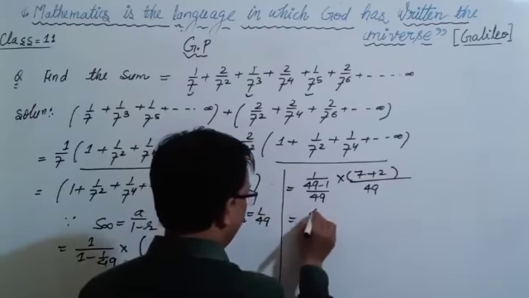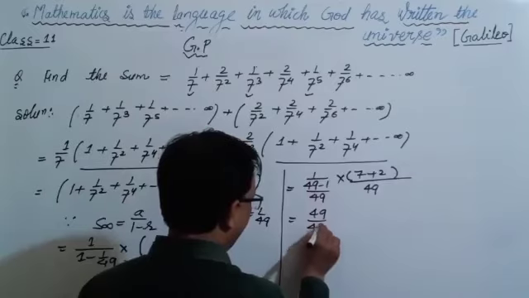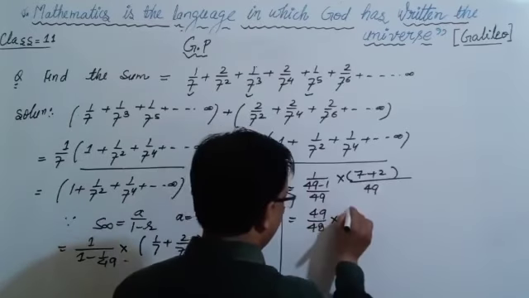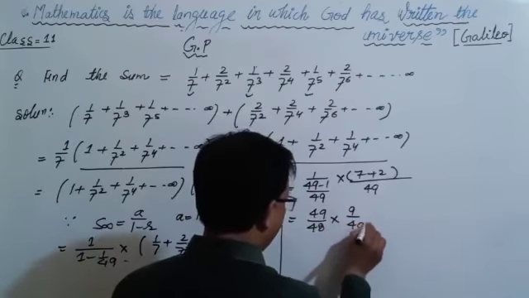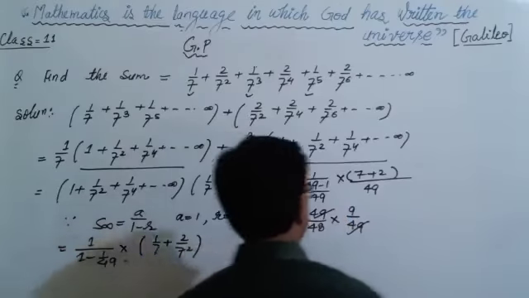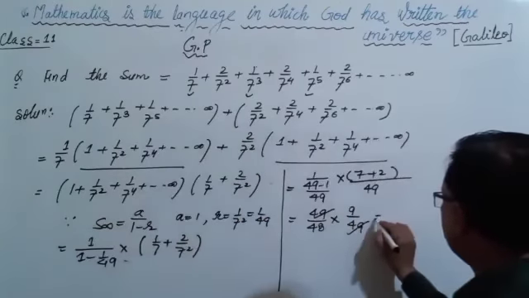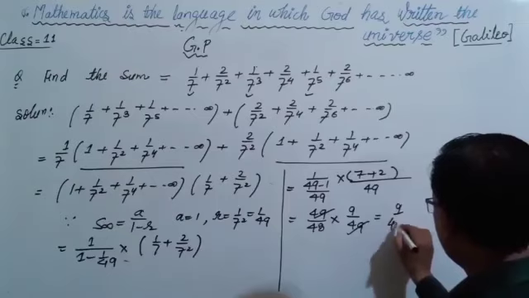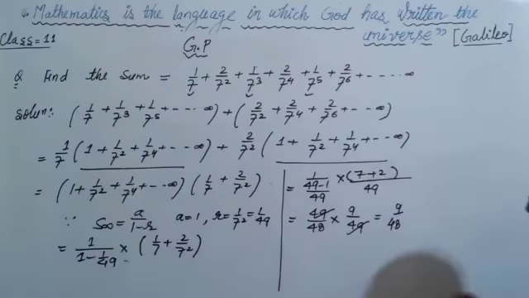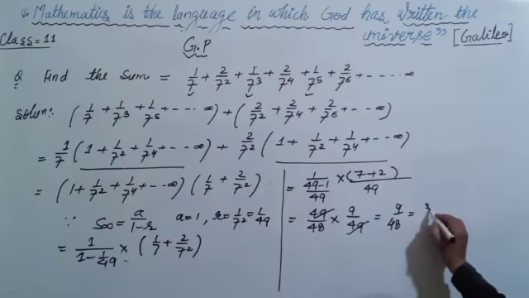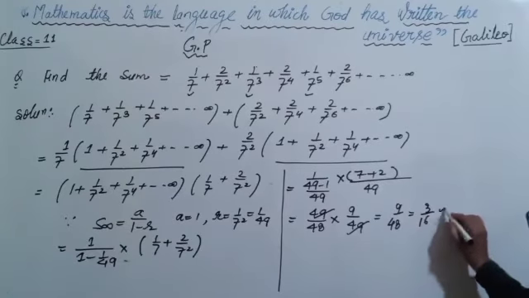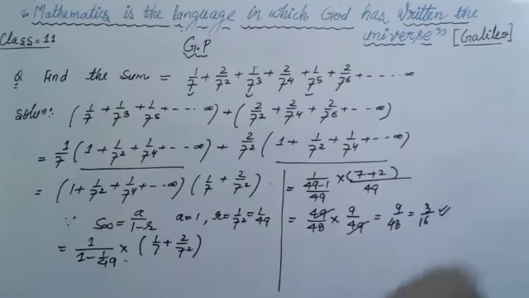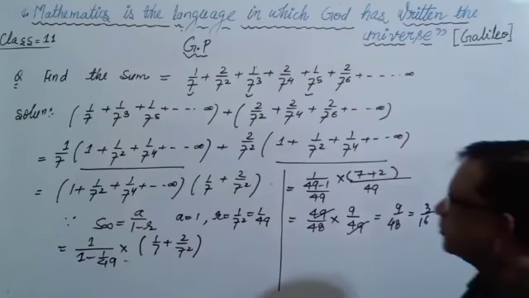So this is 49 upon 48 into 9 upon 49. This cancels out. So this is 9 upon 48. Student, 3 3s are 9, 3 1s are 3, 3 6s are 18. So 3 by 16 is the final answer.